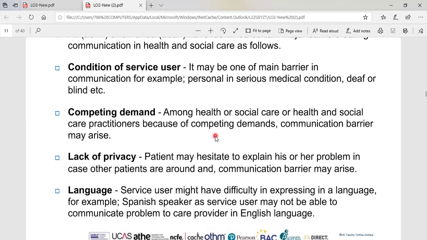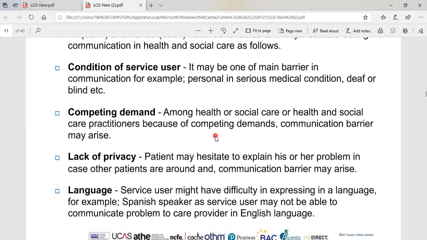Competing demands. Sometimes there's so much demand on the healthcare itself, as I said, there's a whole list of patients that you have to look to. And because of that, your communication cannot be proper with that patient. And that is the main problem.